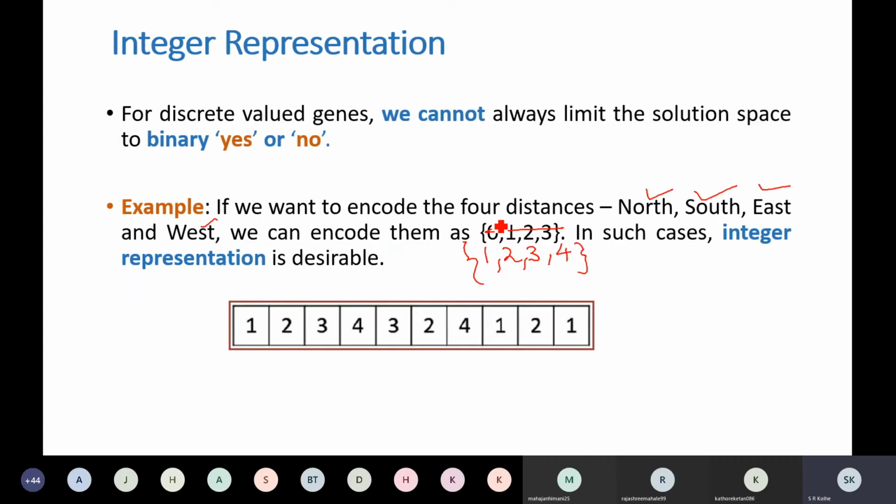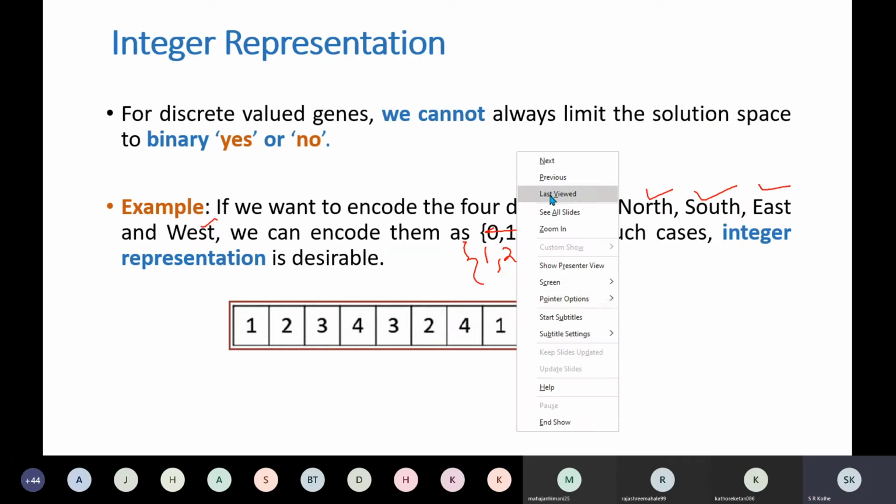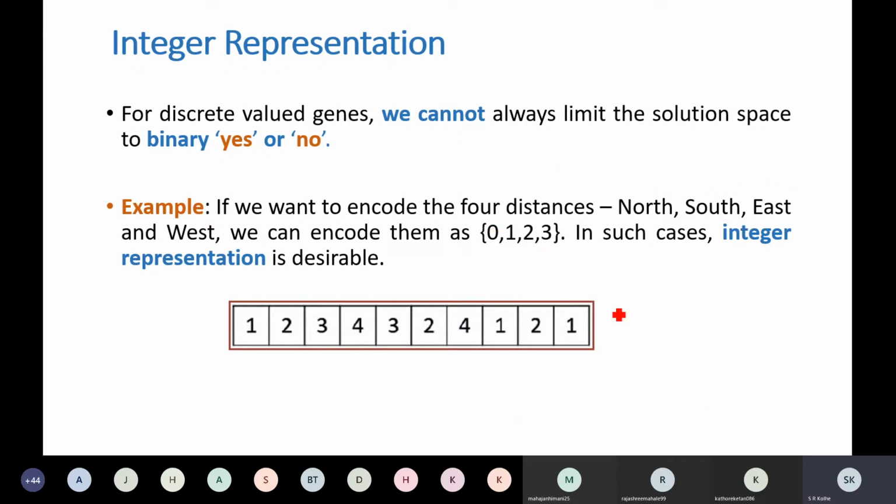Sometimes there is a case where you need representation in the form of integer numbers. For example, suppose your problem requires that you have to encode 4 directions: north, south, east and west.